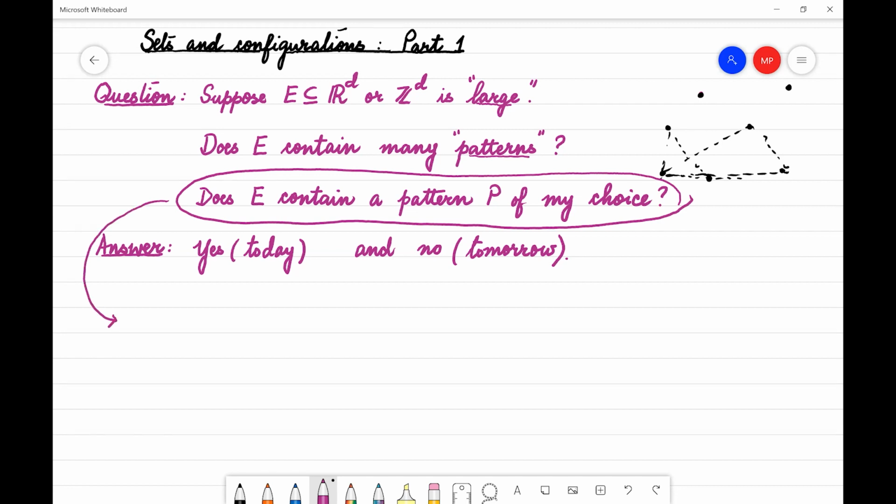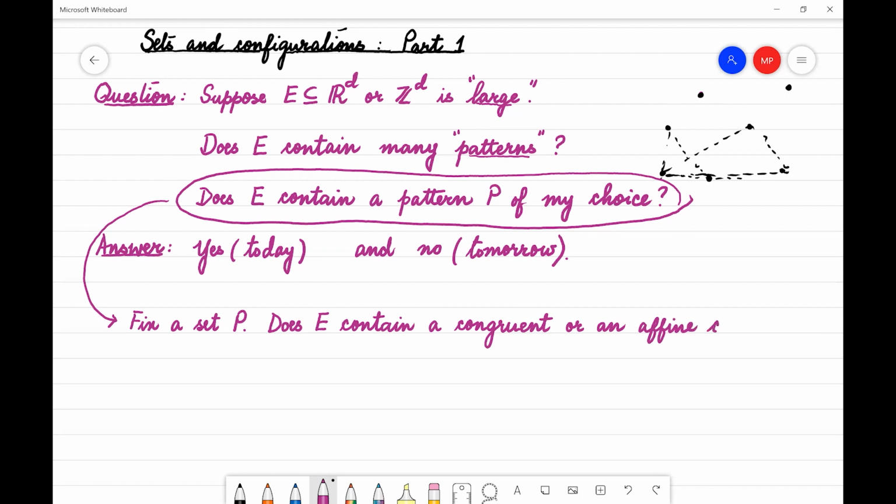What it means is, fix a set P. Then does this large set E contain either, let's say, a congruent copy or perhaps an affine copy of P, i.e., does there exist a point x in R^d and, let's say, t non-zero?